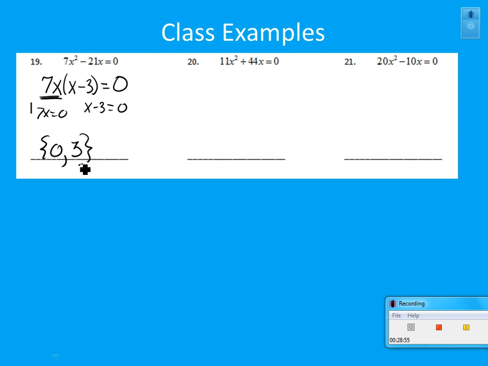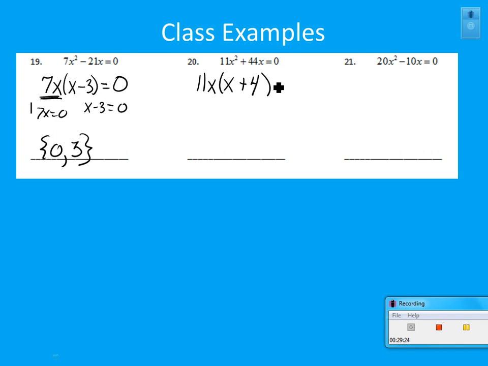Next to last one. I got 11x squared plus 44x. Try to decide what they have in common. So I'm going to take out an 11 and an x, which leaves me an x plus 4.